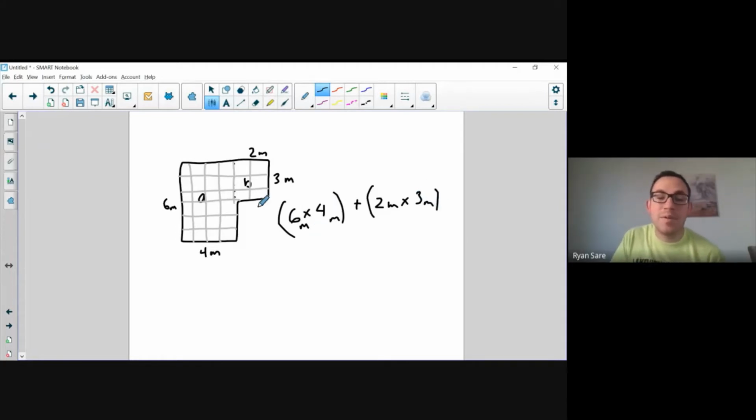So 6 times 4, we have 6, 12, 18, 24. So this is 24 meters. And we're going to add this. 2 times 3 is 6 meters. So the area of this particular shape, we'll say area, is 30 meters.